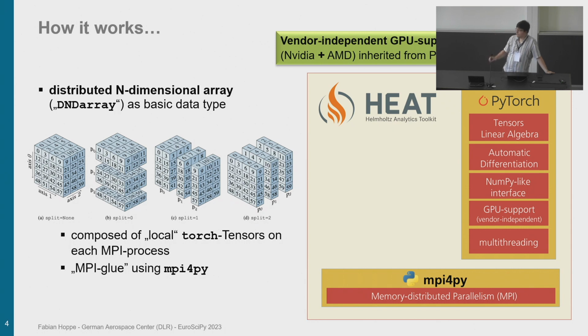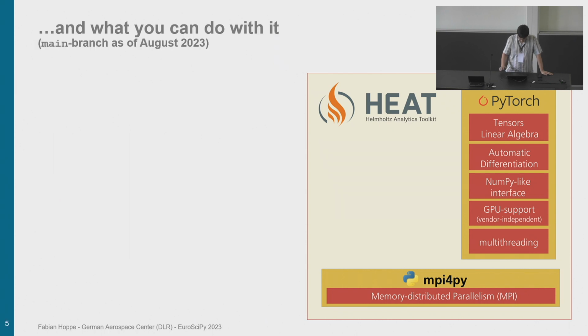And we use mpi4py, which is just a library in Python that implements MPI. And of course, our target is also to keep as close as possible to the NumPy API to make it easier for the user.